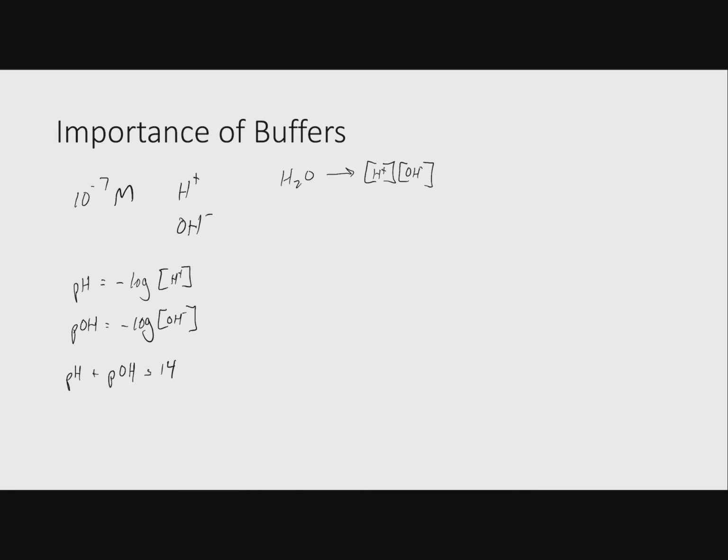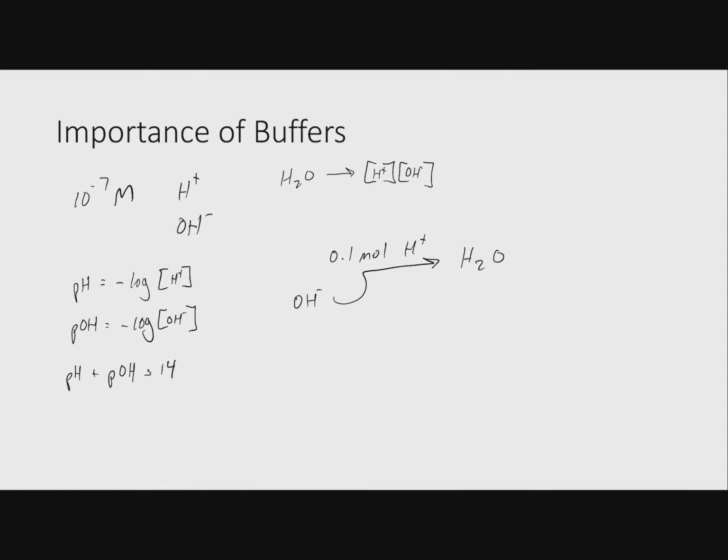Now, because protons and hydroxides can combine to form water, a large amount of one will cause there to be a small amount of the other. So you're thinking, why is this the case? In simple terms, if I dump 0.1 moles of H+ into pure water solution, the high proton concentration will react with whatever hydroxide there is in the water to create water, thus reducing the hydroxide concentration.